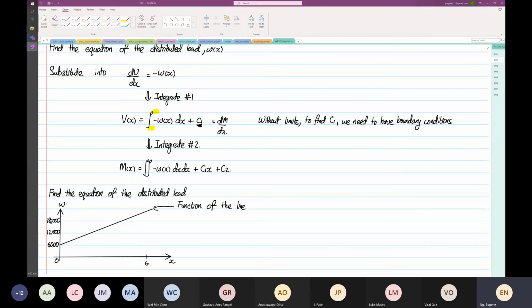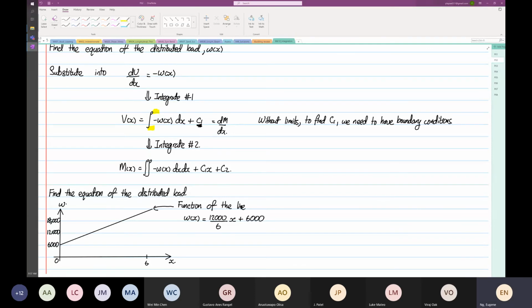For our stage this is pretty straightforward. We know that over here is a linear function, so omega as a function of x is equal to the gradient, which is delta y divided by delta x, multiplied by x, plus the y-intercept.